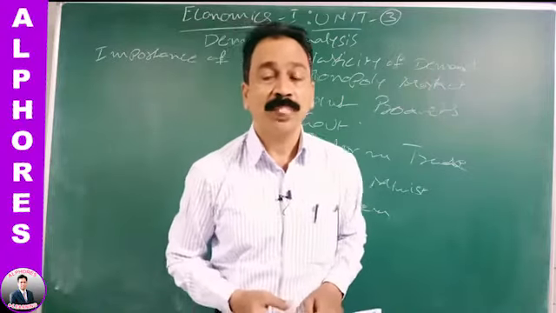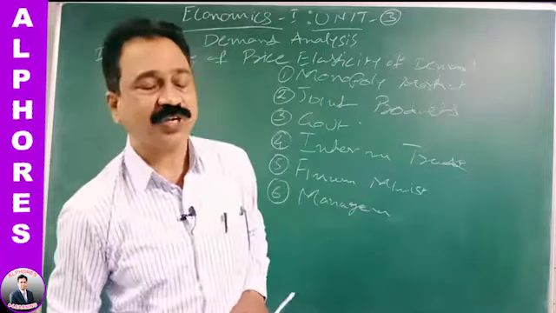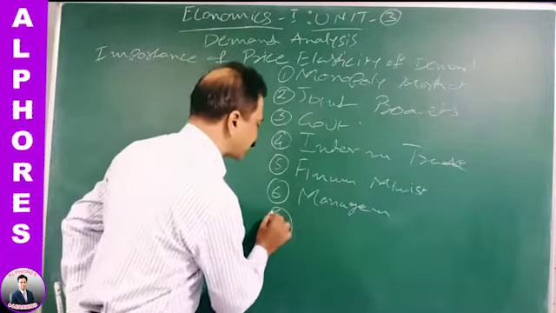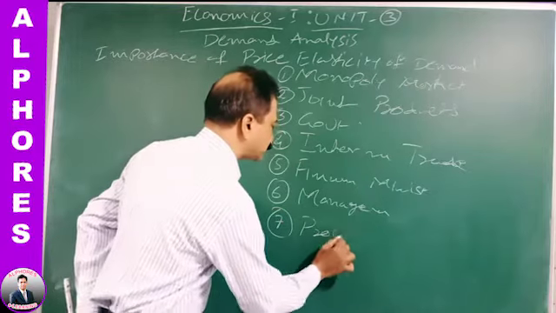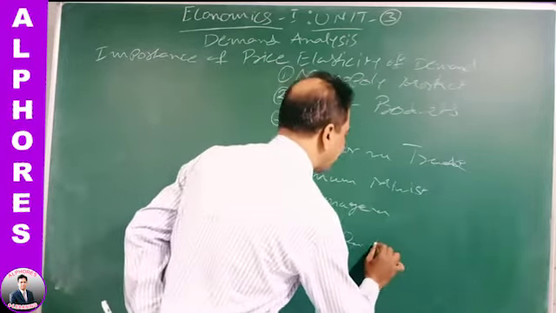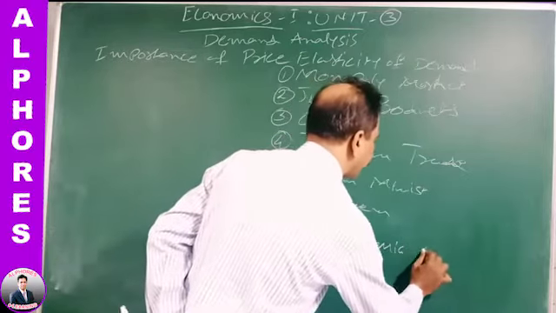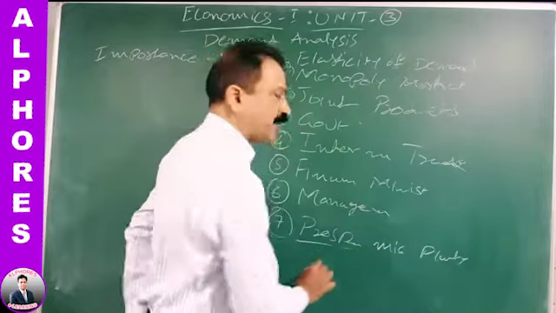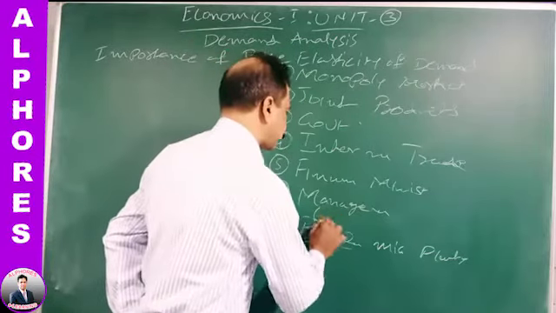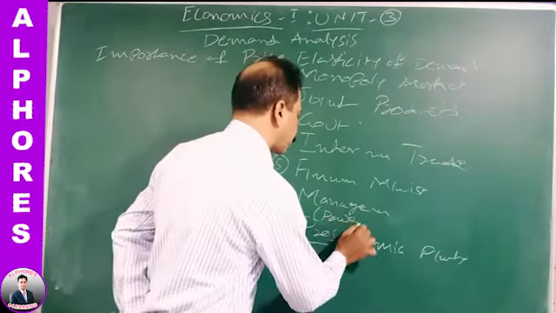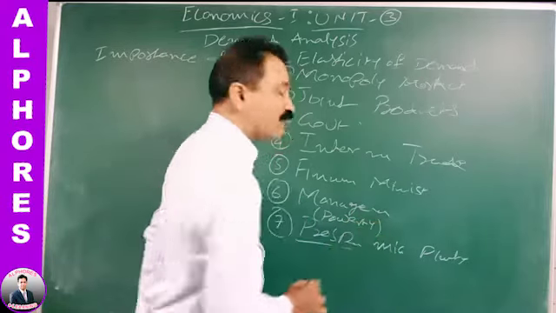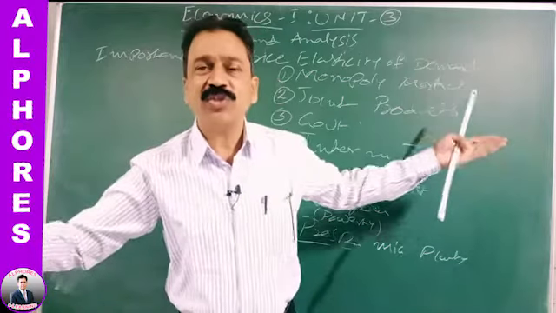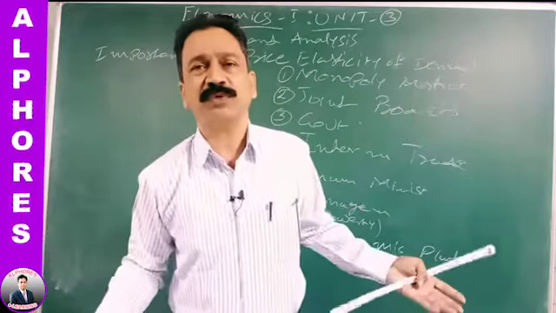Next, prosperity midst plenty. Actually, this is a paradoxical sentence. Actually, here it should not be prosperity, but poverty. Why I say poverty is, when you have plenty, certainly you will be a prosperous person.